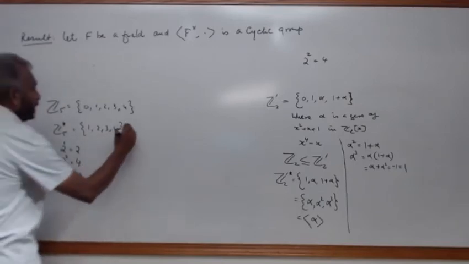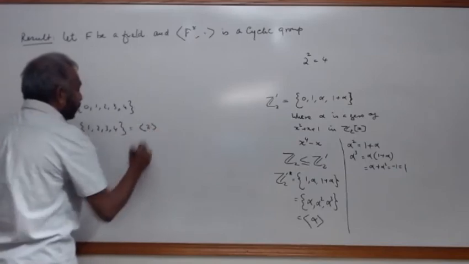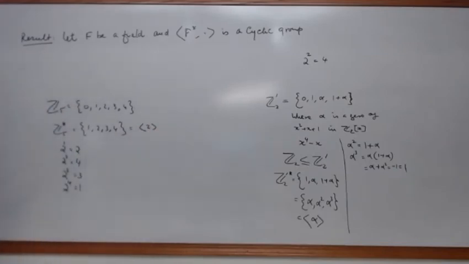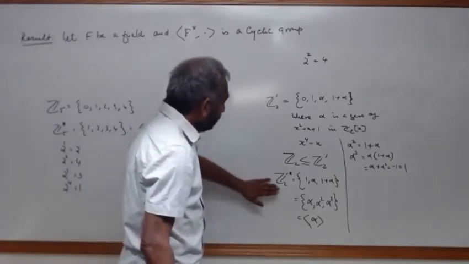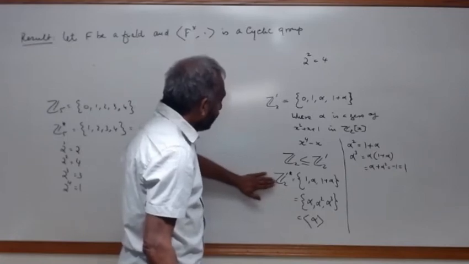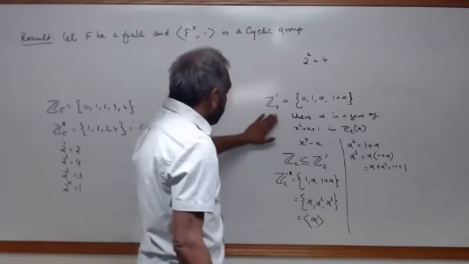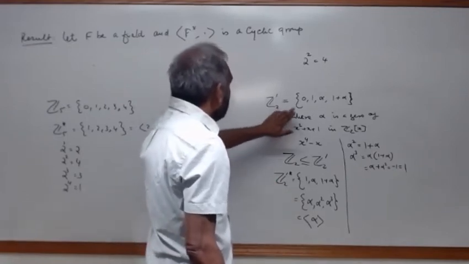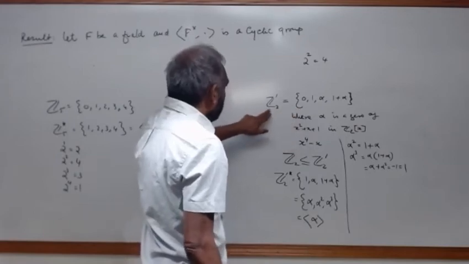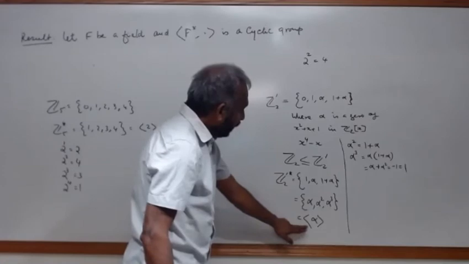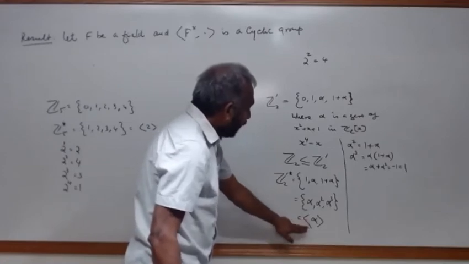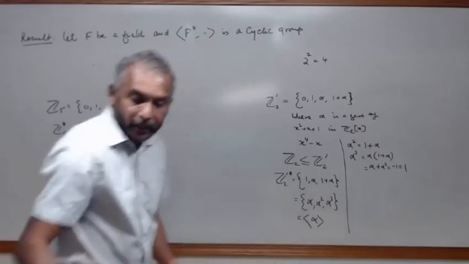So it is actually generated by 2. So that's what this says: the multiplicative group with the non-zero elements from Z2 prime is a cyclic group generated by some element.